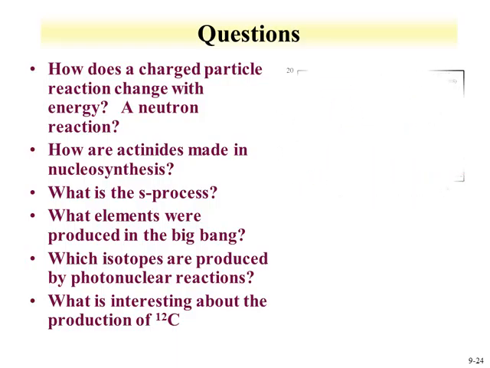Other questions you should be able to evaluate, things like how are actinides made in nucleosynthesis? That's with the r process, the rapid process. So an event in which a large number of neutrons are liberated, where you get rapid capture of neutrons, and the time scales are such that those neutron captures are faster than the decay of the resulting isotope. And what is the s process? This is how the bulk of the elements are made, let's say from iron up to bismuth.